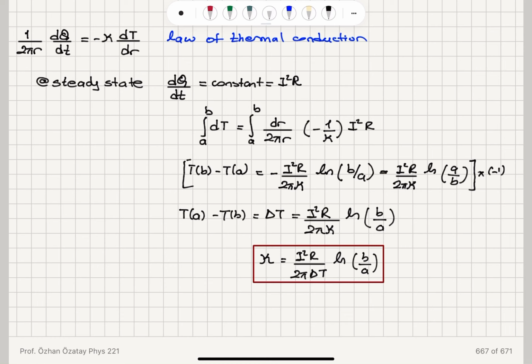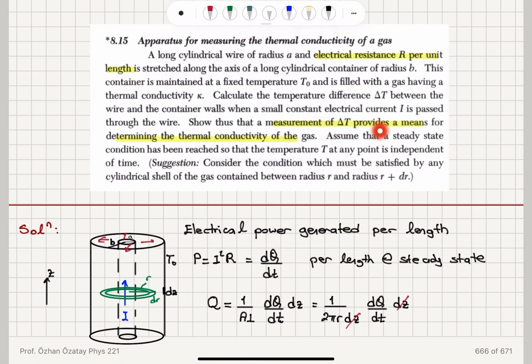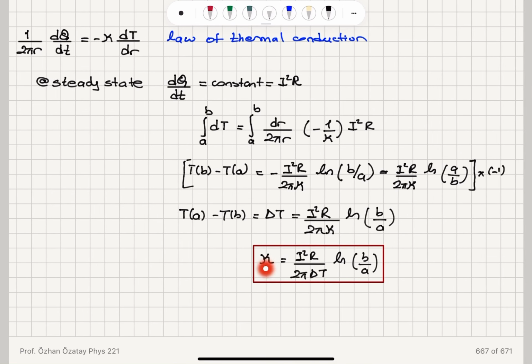So TA minus TB is, without this minus sign, delta T equals I squared R over 2 pi kappa natural logarithm b over a. So you can see that thermal conductivity is I squared R natural log b over a divided by 2 pi delta T. So with a measurement of delta T, we can determine kappa.